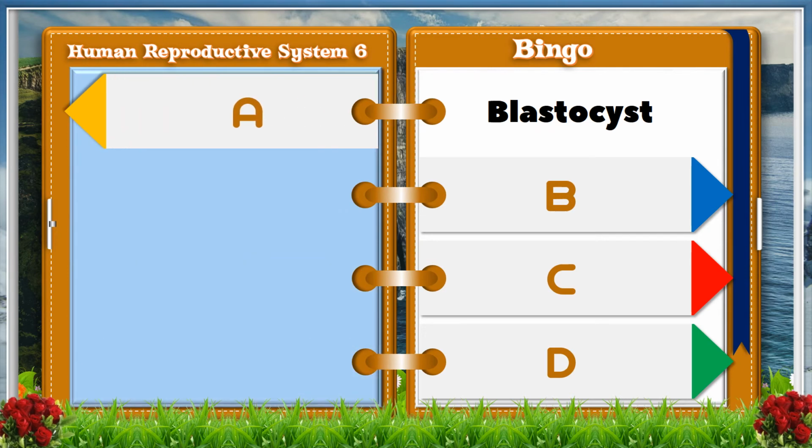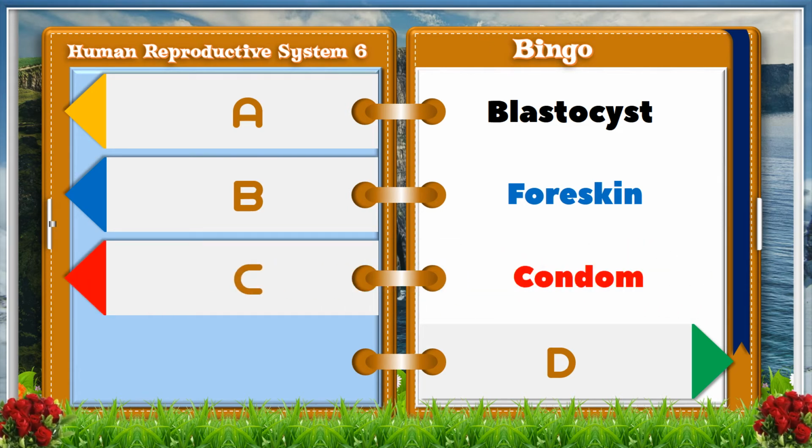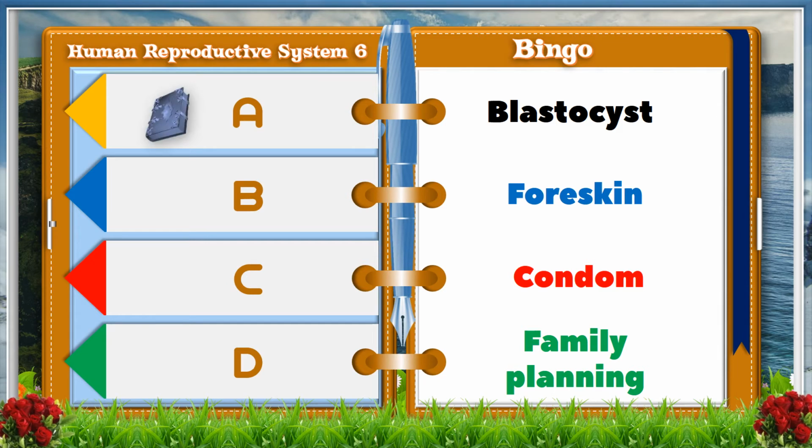A, blastocyst. B, foreskin. C, condom. D, family planning. And the answer is A, blastocyst.